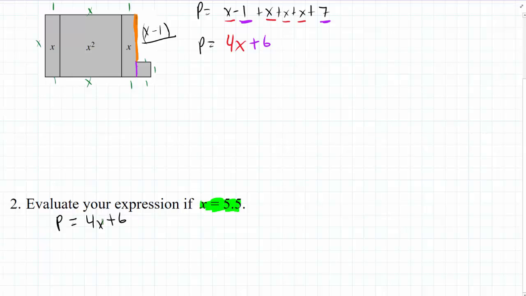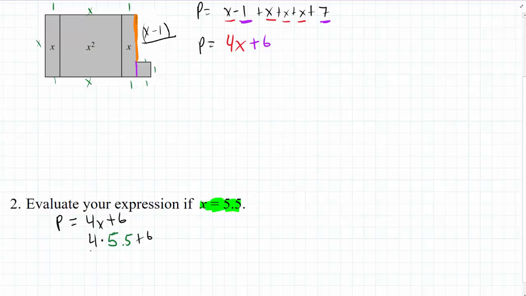So instead of writing x in my expression, I'm going to write 4 times 5.5, and then plus 6. Remember, this is not 45.5, it's 4 times 5.5. I'm still seeing a couple students make that mistake.